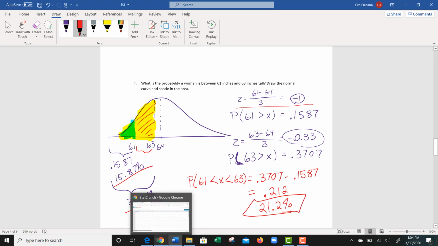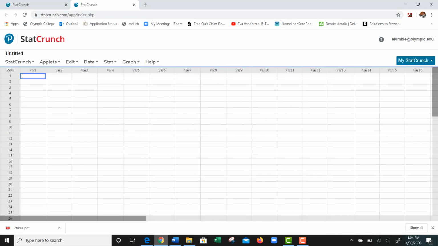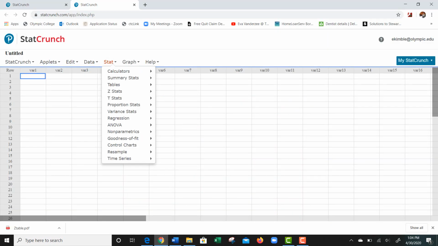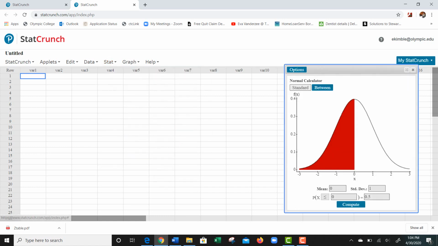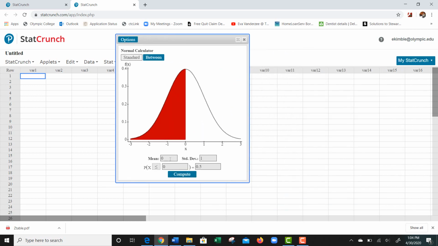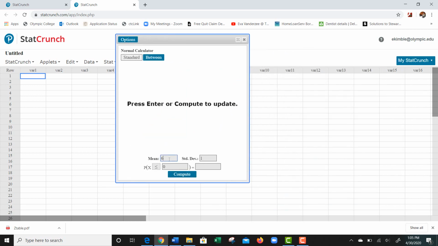So using StatCrunch, here's how you do it. You're going to go to Stat, Calculators, and then we're going to go to Normal since this is a normal distribution. Now, when we do that, here's all the information you need, is we're going to change the mean to 64 and the standard deviation to 3.